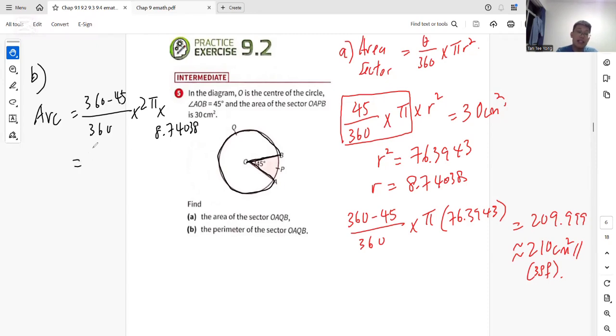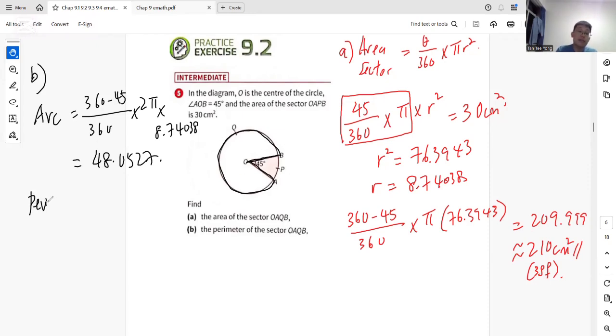The r is 8.74038. Let me do a quick calculation: 2 pi times 8.74038. The answer is 48.0527. But for perimeter, you have to remember to add the two radii.